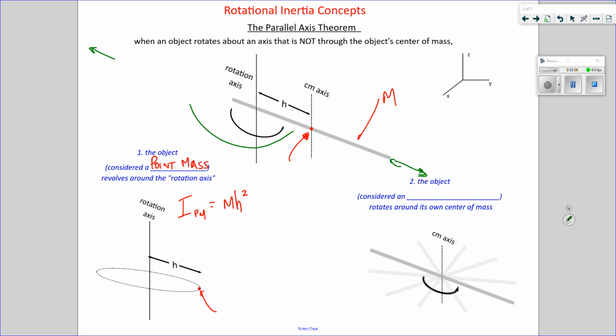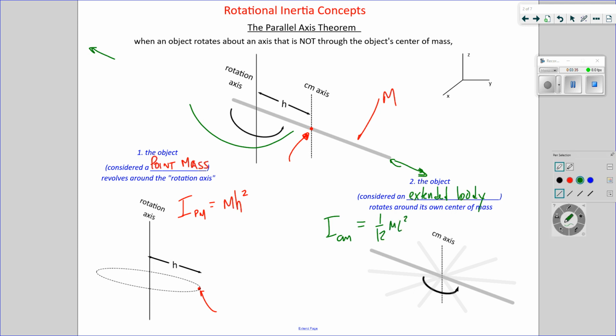The object, now considered an extended body, rotates around its own center of mass. We happen to know that I center of mass has whatever algebraic form it has; in this case, the rotational inertia of a rod about its center happens to be 1/12 ml squared.